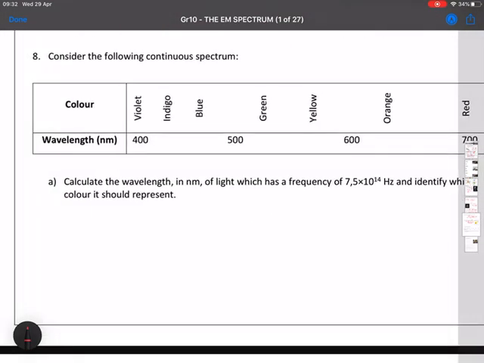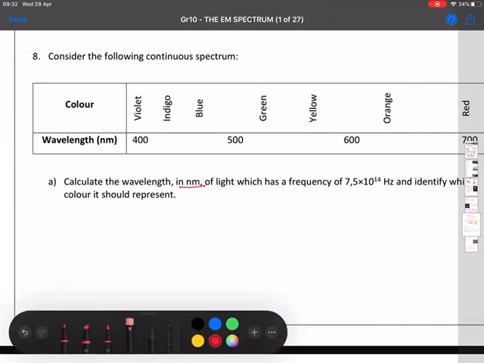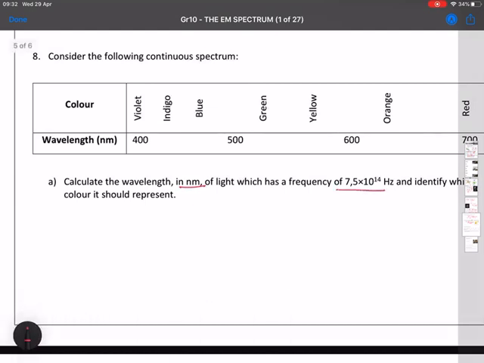For this, you need to calculate the wavelength in nanometers of light that has a frequency of 7,5 times 10 to the 14 hertz. So you can use c is equal to frequency times wavelength. You're going to calculate what the wavelength is, and you'll get your answer.